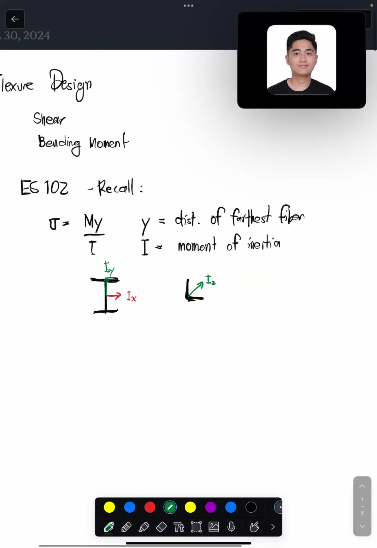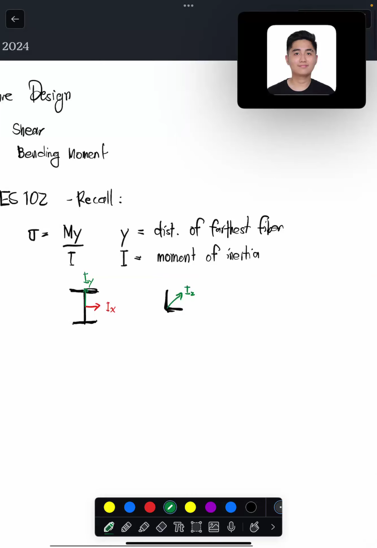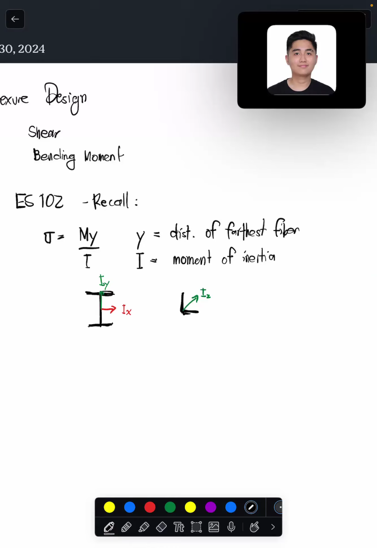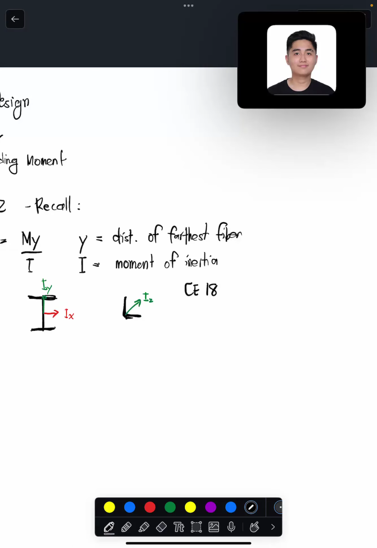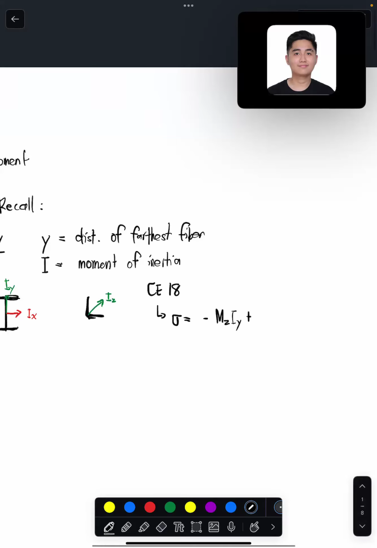So, once we deal with angle, remember na hindi na mag-apply itong formula na to, yung formula given from ES102. So, from your CE18, which is supposed to be taken simultaneously with CE151, meron tayong unsymmetric bending na formula.